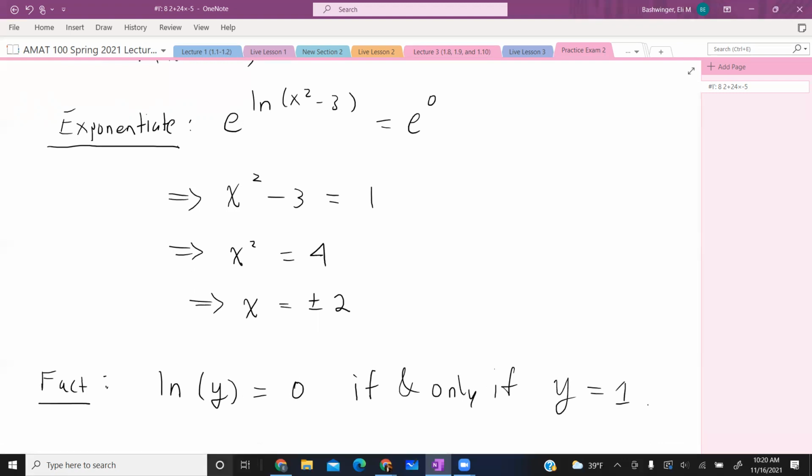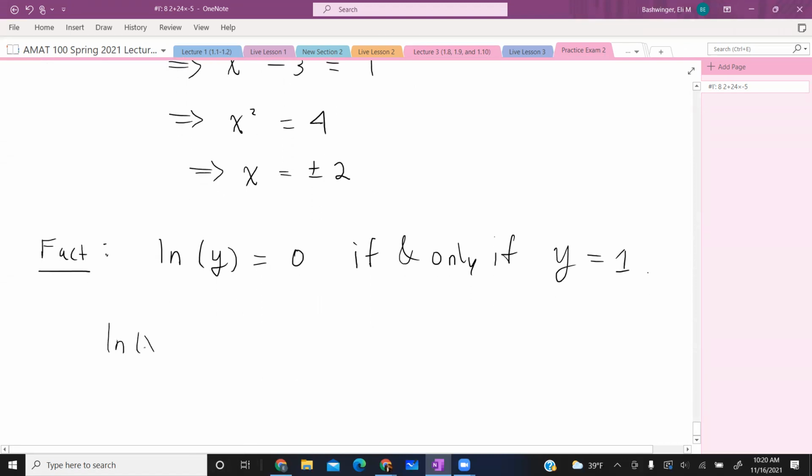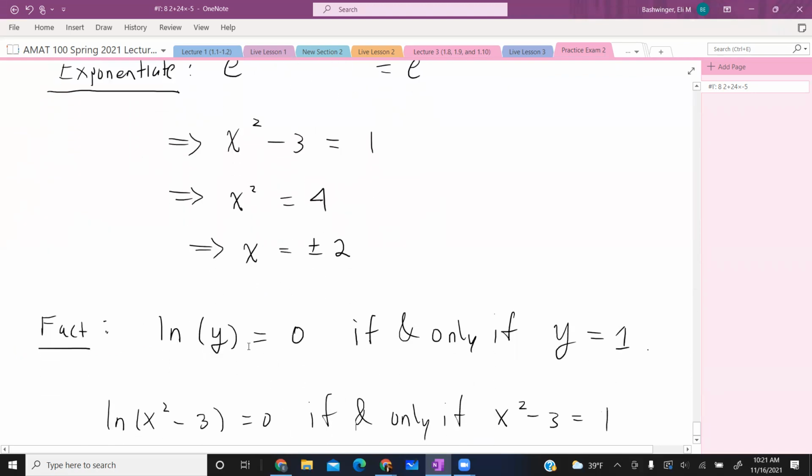Why do we know that? We know ln of 1 is 0, and because the function is injective, that's the only solution. So we can say ln of x squared minus 3 is 0 if and only if x squared minus 3 is equal to 1, and then solve just as we did here. So you can either exponentiate both sides or use the fact that the natural log of some number is 0 if and only if that number is 1.